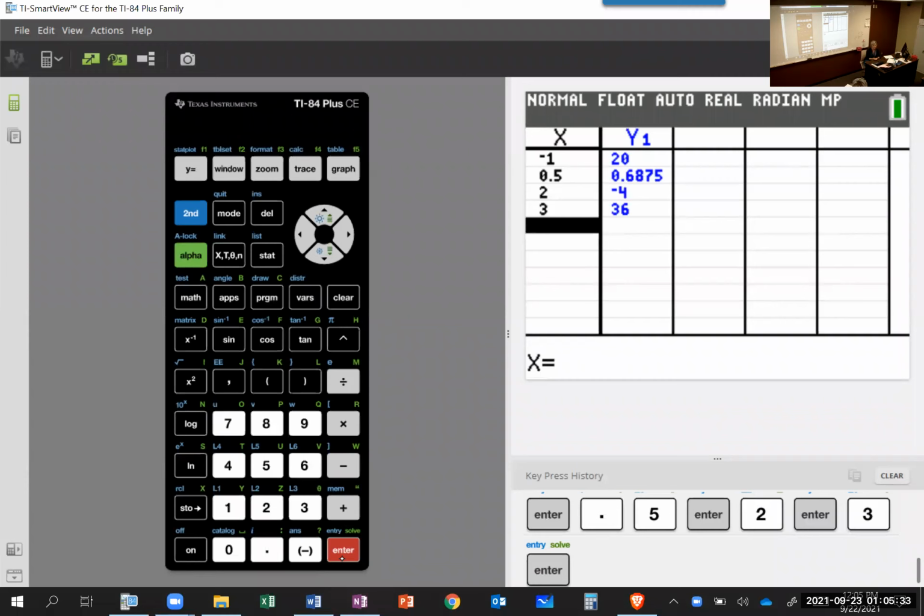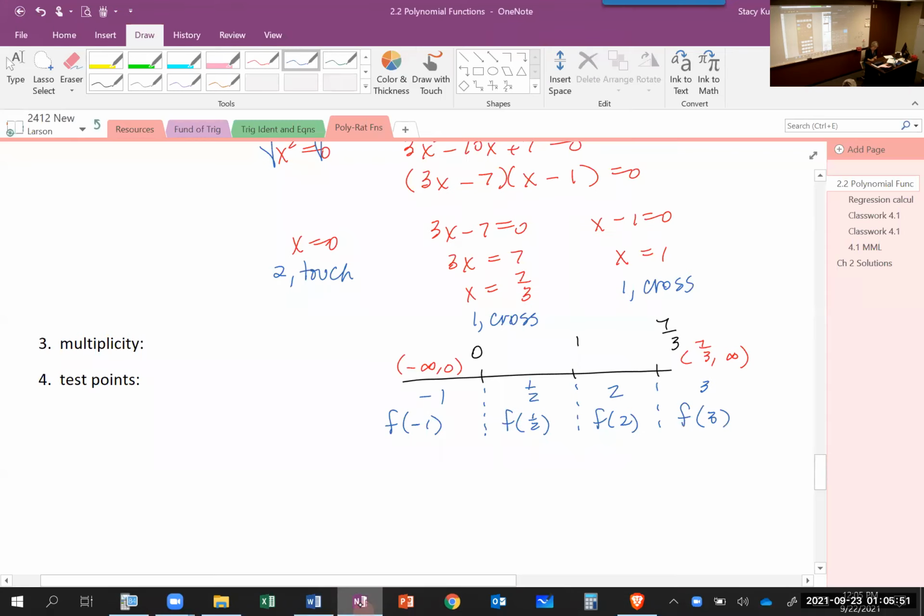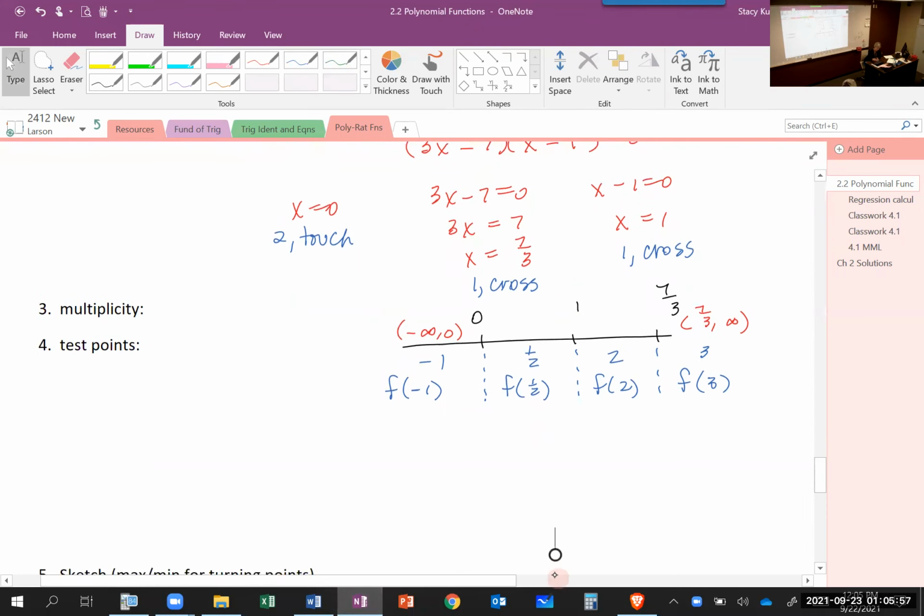Is the function positive or negative at 1/2? Positive. Is it positive or negative at 2? Write that down. And is it positive or negative at 3? Okay. So we had positive on the left.